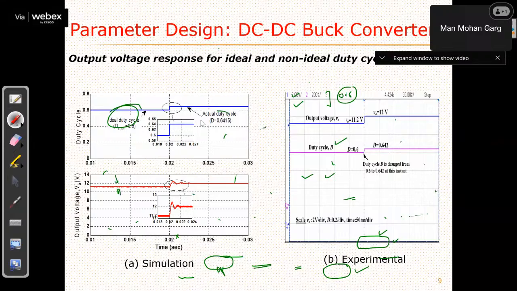But if you are increasing duty cycle to the new value, then your output voltage is now settling to 12 volt. You can see here as well, right? It means that based upon the components being used, we know their ESR values, then we can calculate the exact duty cycle. So this is being done in open loop, but in closed loop, who does it? Controller does it for us, right?